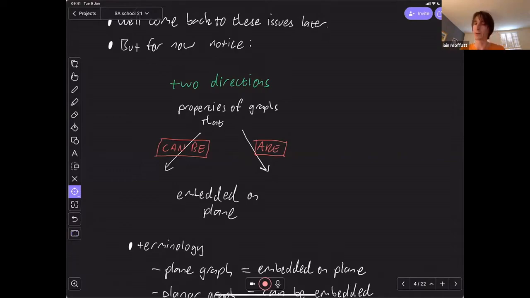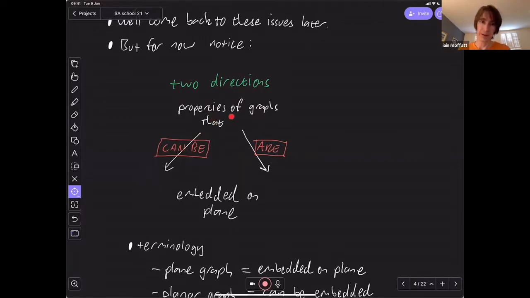And one is to think about graphs in the abstract. So your graphs are sets of vertices and sets of edges, and you look for the properties of the abstract graph that say when they can be drawn in the plane or embedded in the plane.